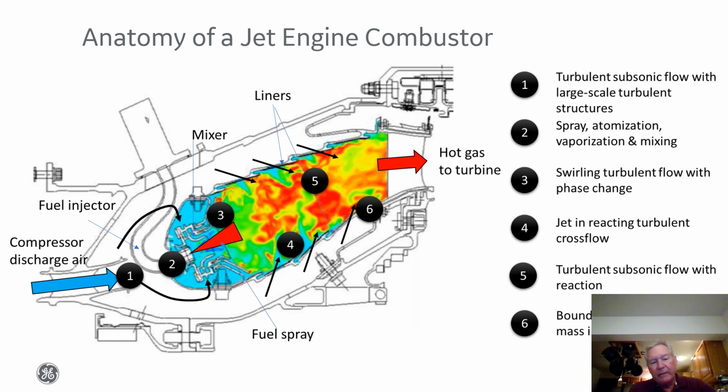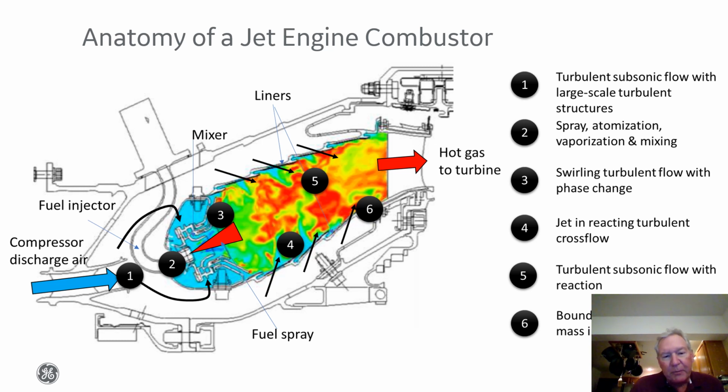In this slide, I'm describing the typical anatomy of a jet engine combustor. So this is a particular style of combustion system, and I'll talk more about other options later in the presentation.